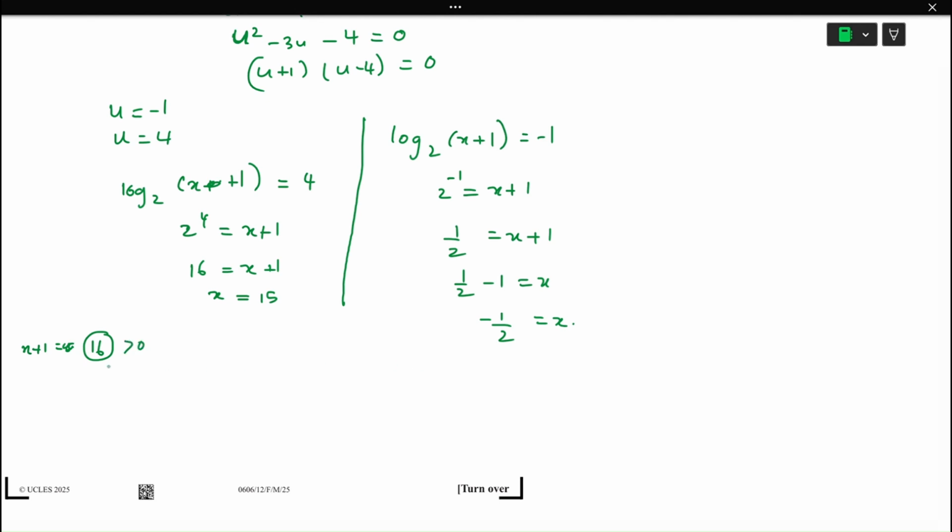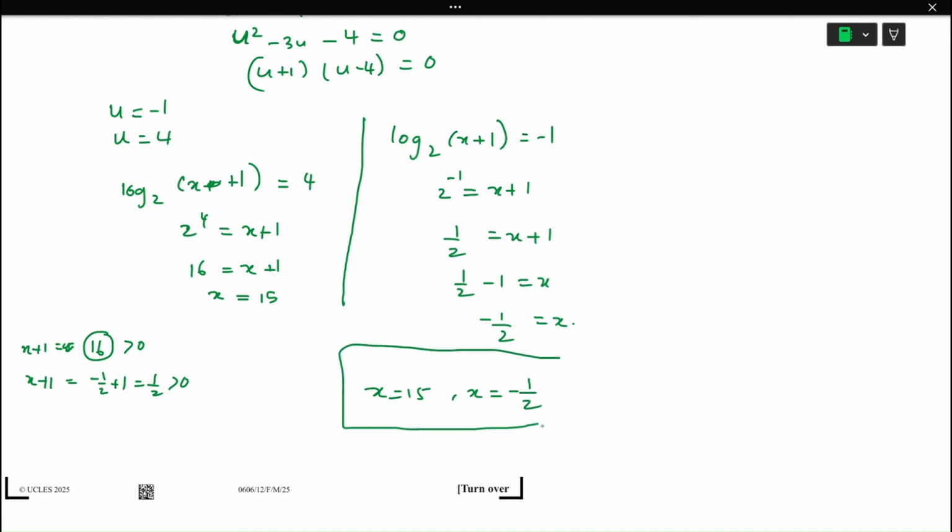For x equal to negative 1 by 2, negative 1 by 2 plus 1 is 1 by 2, which is greater than 0. Therefore both values are possible. The final answer: x equal to 15 and x equal to negative 1 by 2. That's the final answer, right?